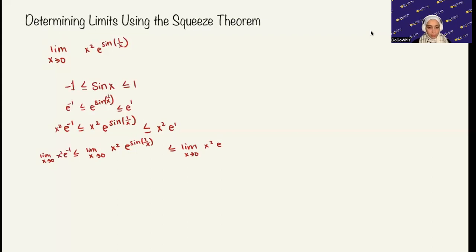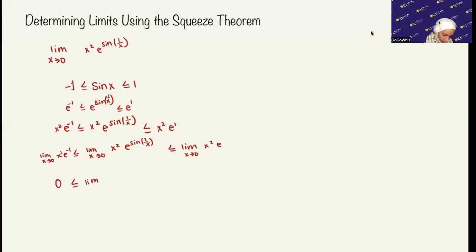Now over here, we can see that if I use substitution on this left side of this inequality, then I can see that that just approaches 0, right? Because I'll just sub in 0. There's no issue with that. So that's just going to be 0. So I'll have 0 on this left hand of the inequality.